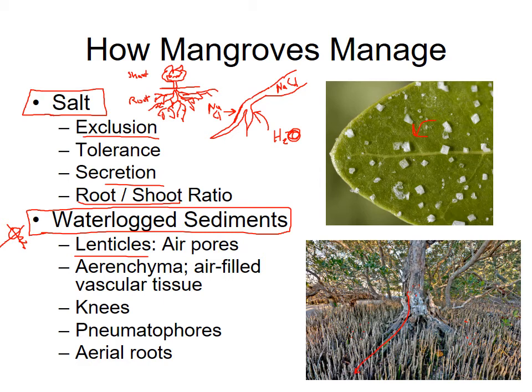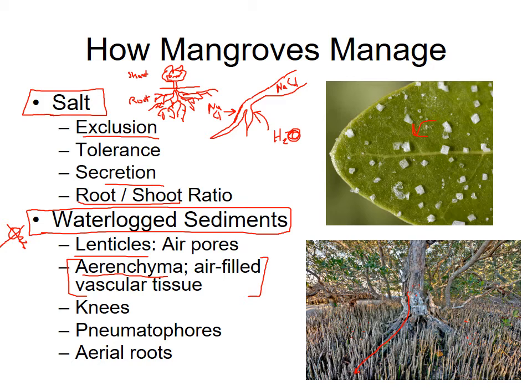So it's like the plant is breathing through a snorkel, and the type of snorkel tissue is called parenchyma. It's basically air-filled pipes that help air, which is 20% oxygen, diffuse down into the root environment. So air-filled vascular tissue.